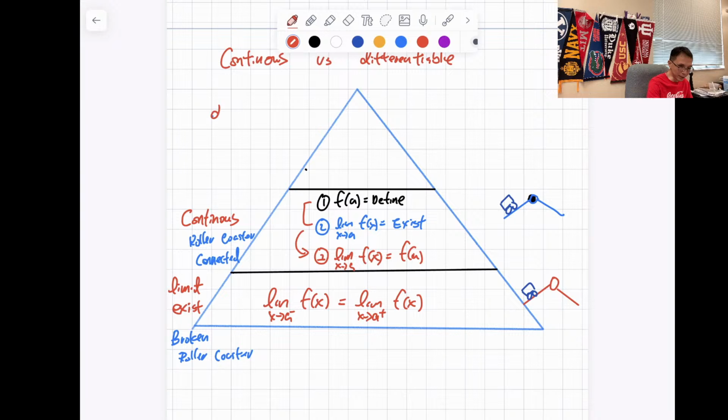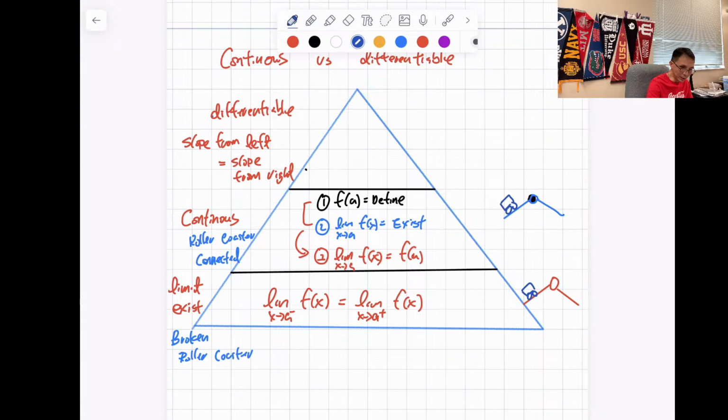Differentiable is our highest goal. Differentiable means the slope from the left equals the slope from the right. So how do I do that notation?